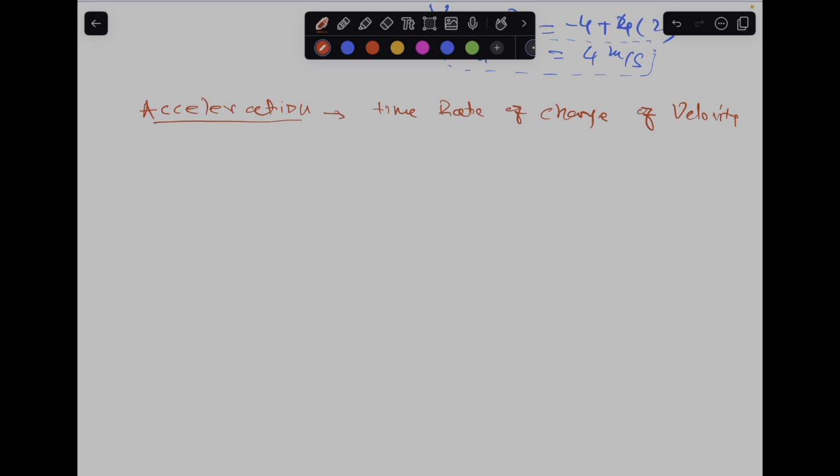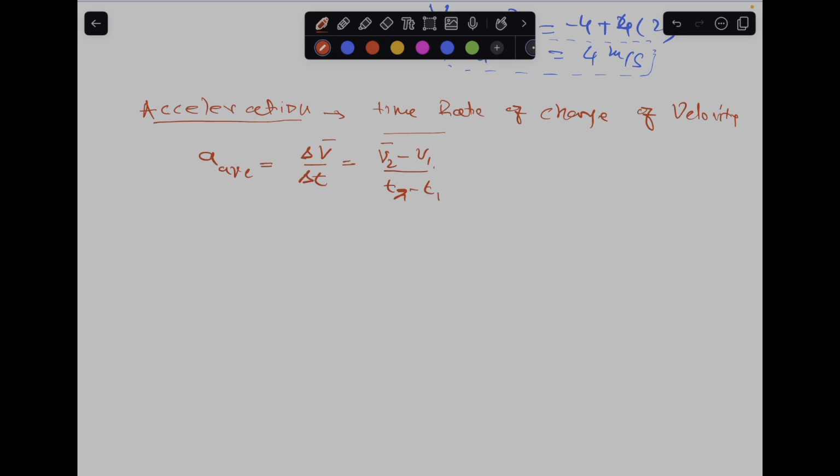The average acceleration is defined as the change in velocity over the change in time. This change in velocity is nothing but v2 minus v1, divided by t2 minus t1. So this is your average acceleration.